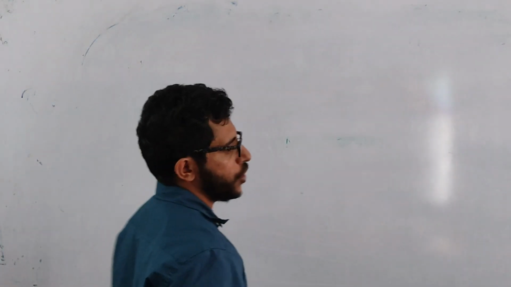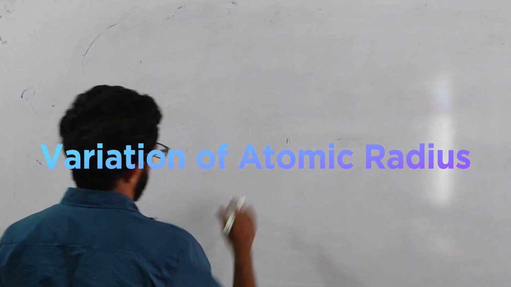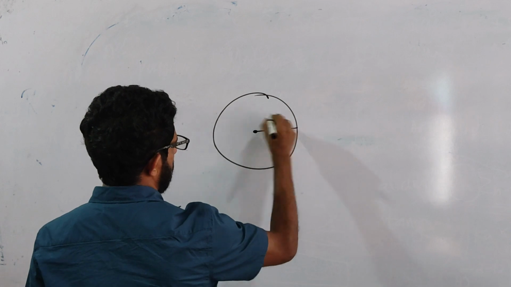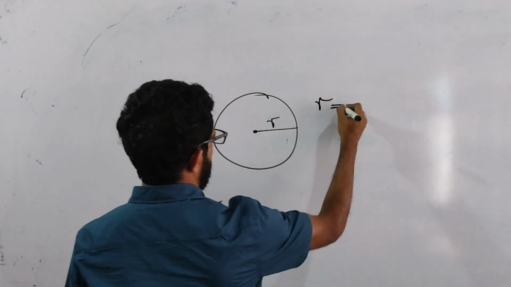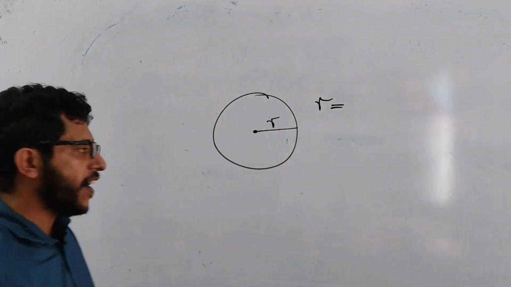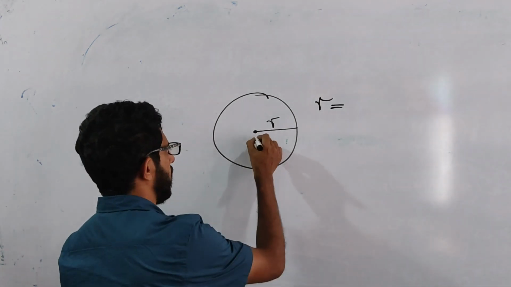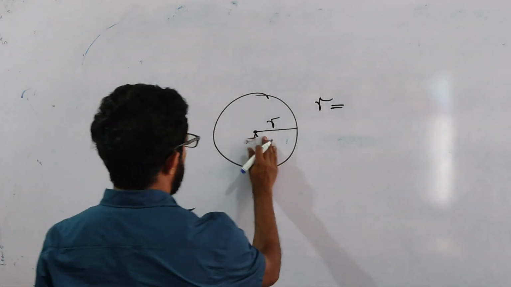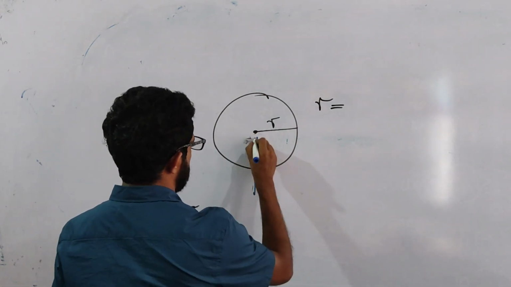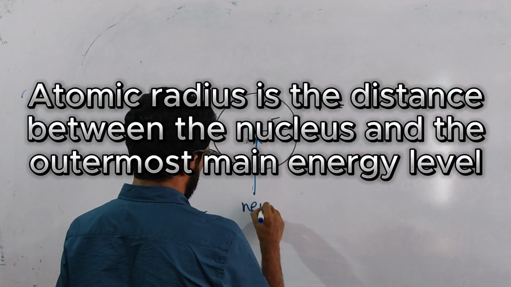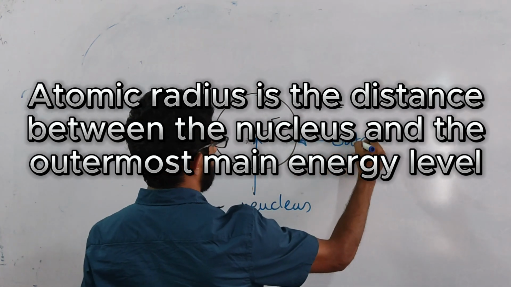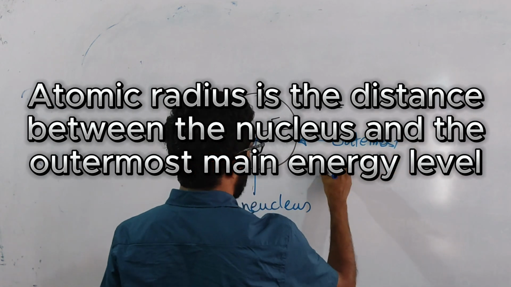So we quickly go to the first part, that is the variation of the atomic radius, right? Now when you talk about an atom, atomic radius is defined as the distance between the nucleus and the outermost main energy level.